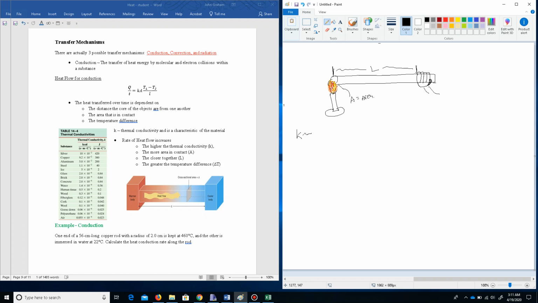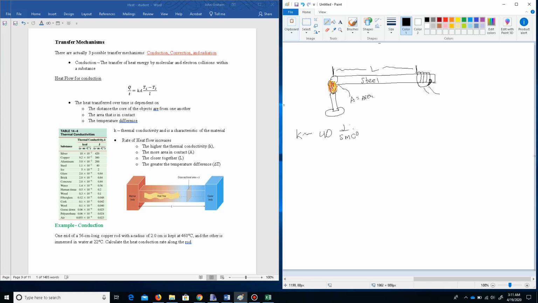So let's say this was steel, and K is 40 joules per second per meter per Celsius. This is actually telling you the units that you're going to have.